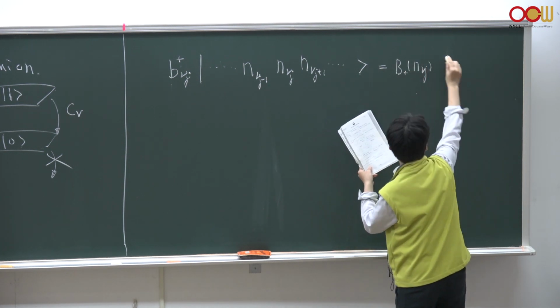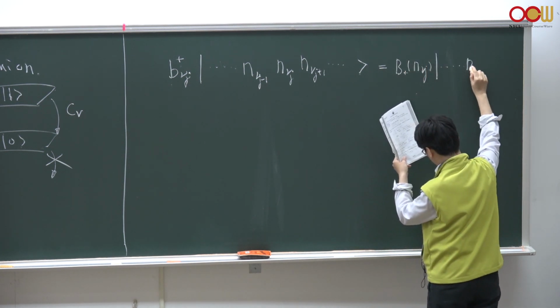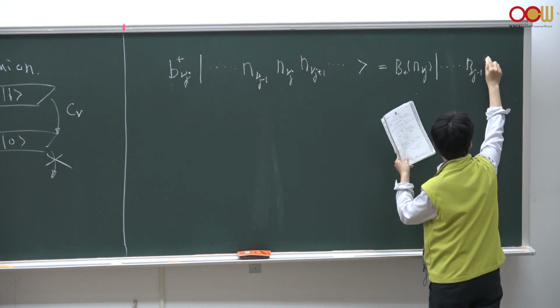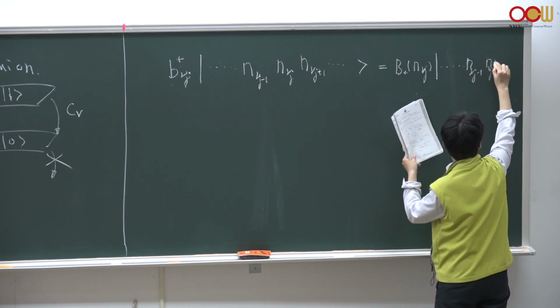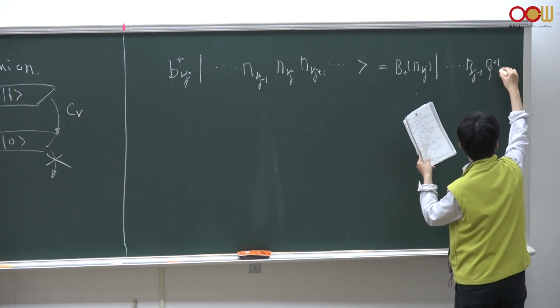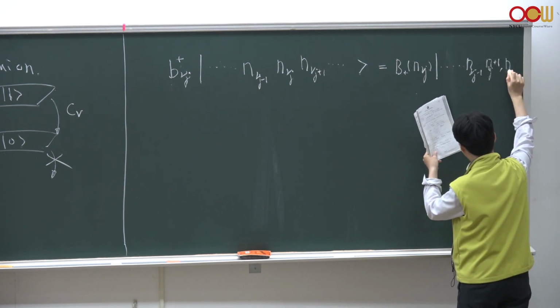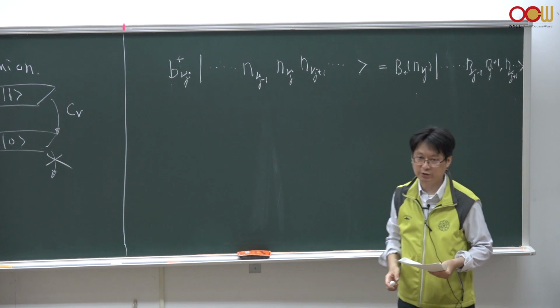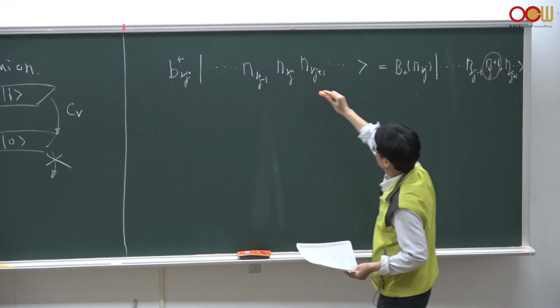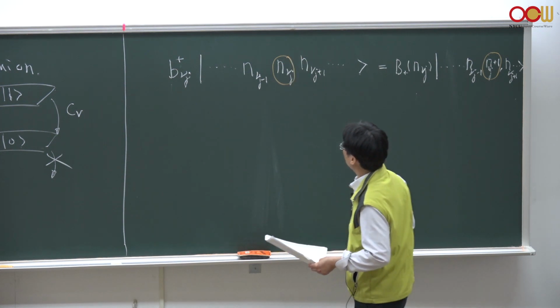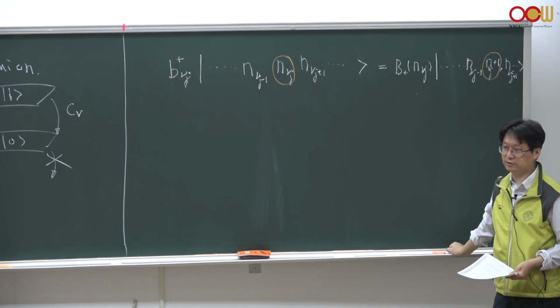This operation leads to the state where there is one more particle in this new j state, and all the other single-particle states remain the same. This is the consequence of increasing the particle number of state nu j by 1.